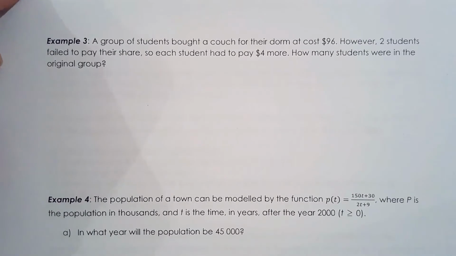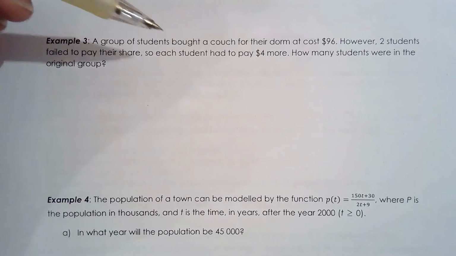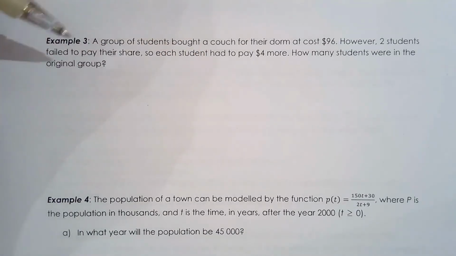Okay. We have a group of students who bought a couch for their dorm that cost $96. Unfortunately, 2 students failed to pay their share. So that means each student has to pay $4 extra. How many students were in the original group?